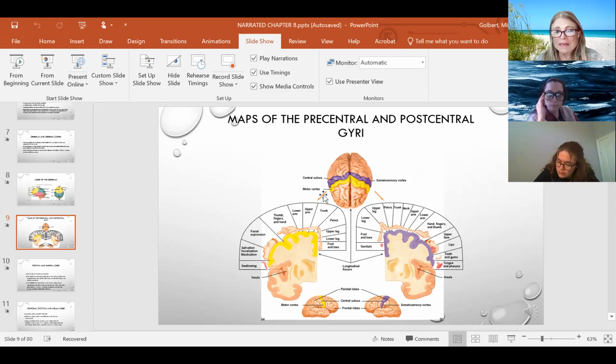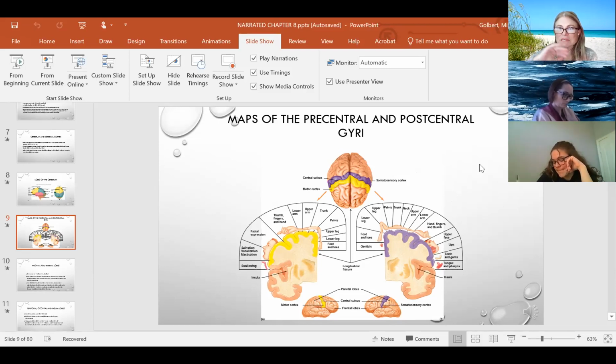So in a way, you have to know that we have this central sulcus. And the central sulcus is, again, from ear to ear, right? This is a deeper sulcus that separates the brain into an anterior and a posterior region, okay? So a sulcus is the indentation.